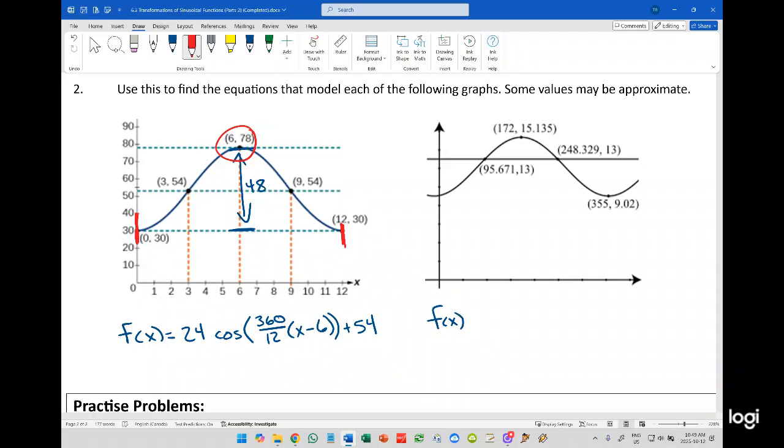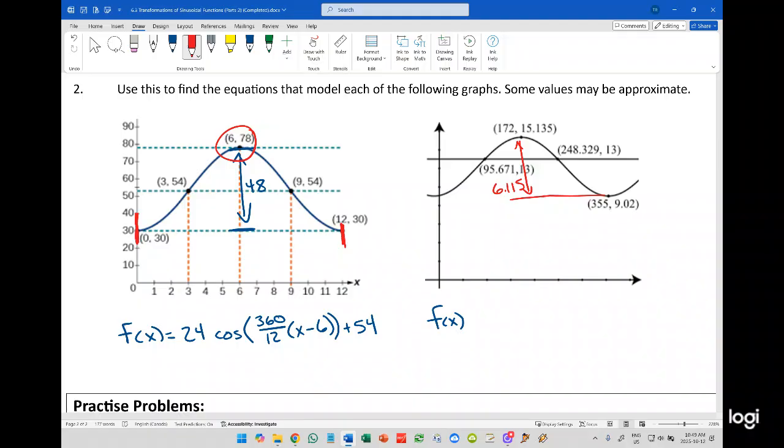The amplitude, the distance from the maximum to the minimum. Now this one, the numbers are kind of cruddy, so I might use my calculator. The maximum is 15.135. Subtract the minimum, which is 9.02. And those are 6.115 apart.